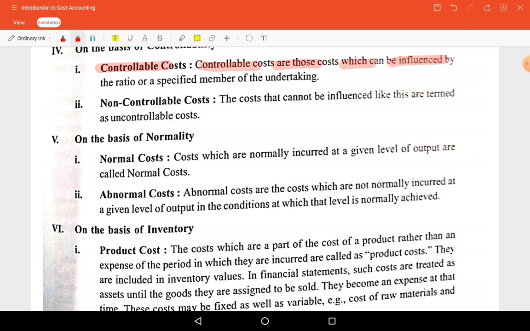Cost can be influenced by the management, or the person in charge of that particular department, which can be controlled, is controllable cost.